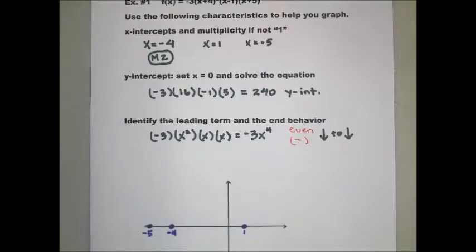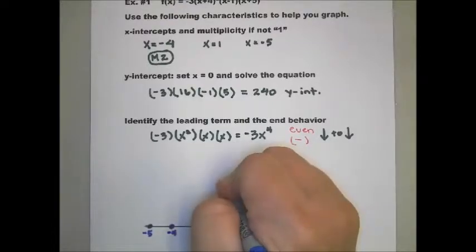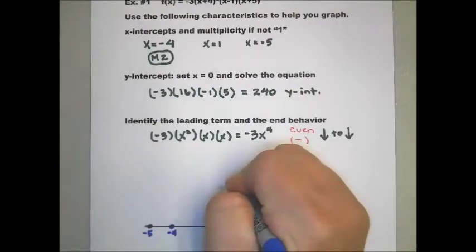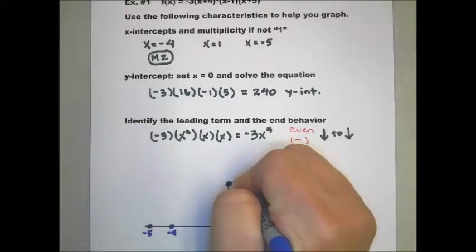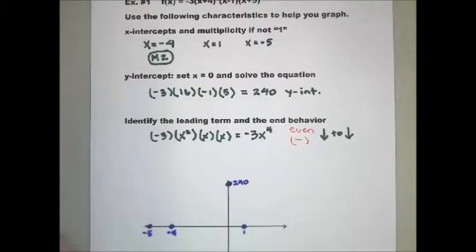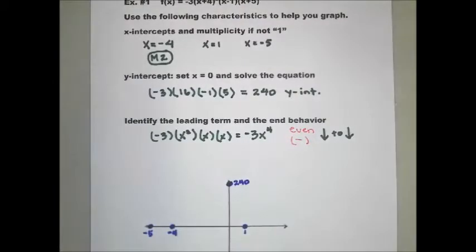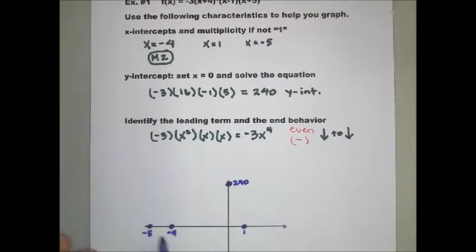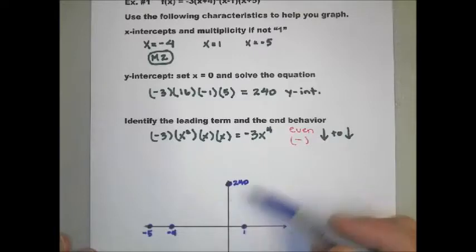Now we also found one other key point. Remember that y-intercept at +240? Let's say positive 240 is just right up here. Now, if we did have scales, we'd have to make sure the x scales were the same and the y scales were the same, but the x scales and the y scales don't have to be the same.